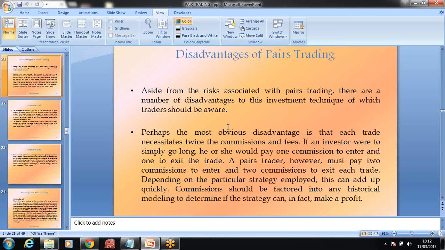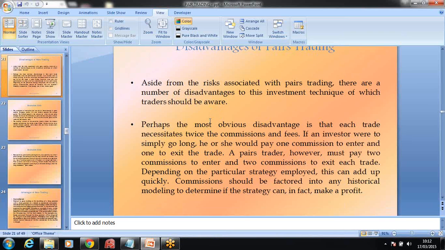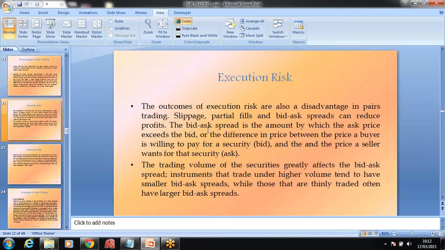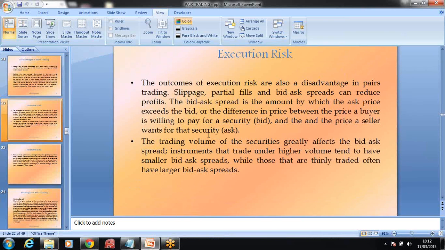But here, you buy one script and you short another script. So your margin requirement for that trade will be two times, and the brokerage also. So that is one of the main disadvantages of this system.